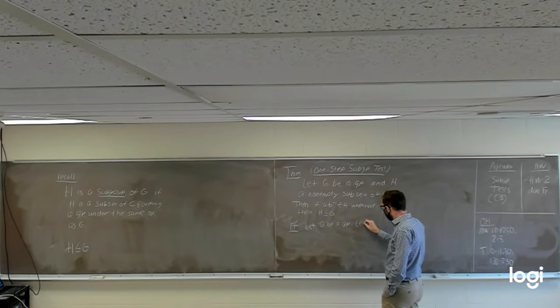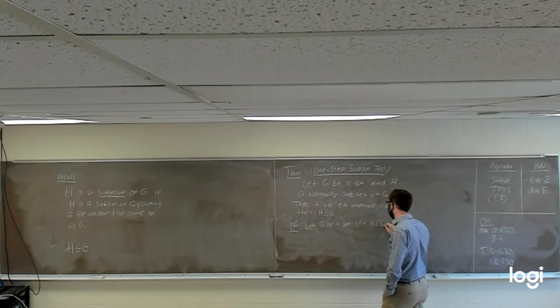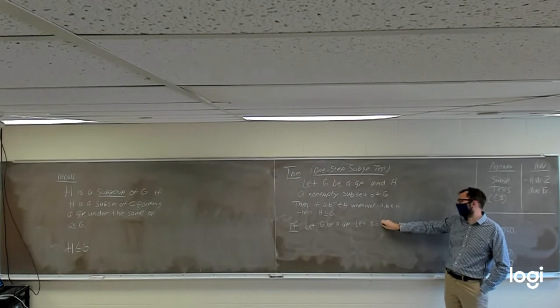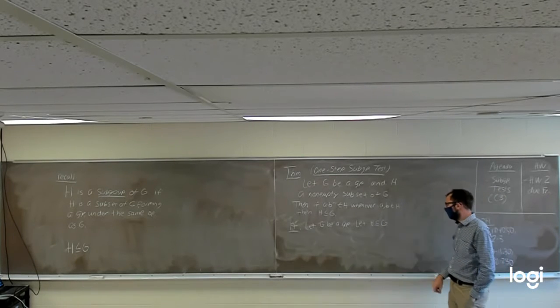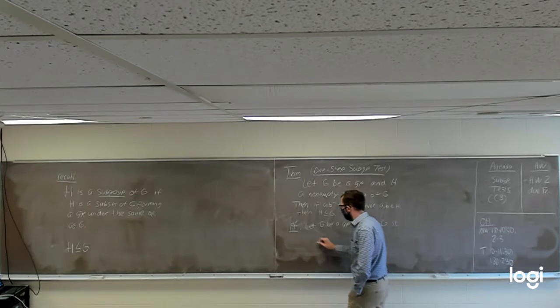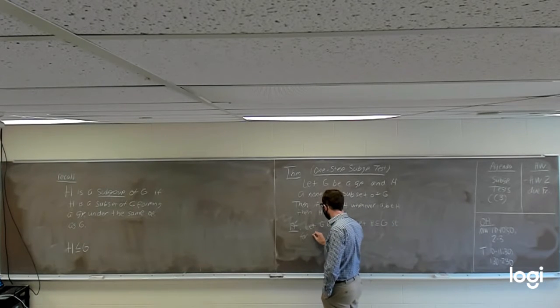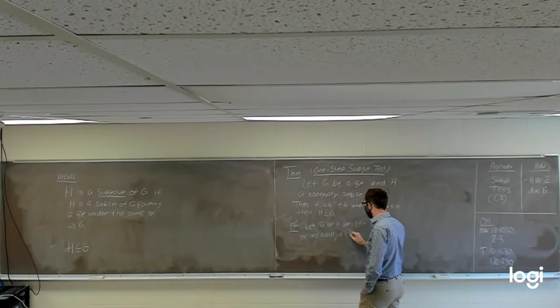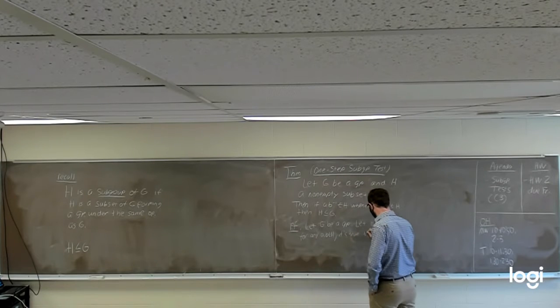And we're going to let H be a subset of G. Subset, by the way, has a similar symbol to subgroup, except it's this curly C instead of a less than symbol. We're going to let H be a subset of G, such that for any A, B in H, it's true that AB inverse is in H.